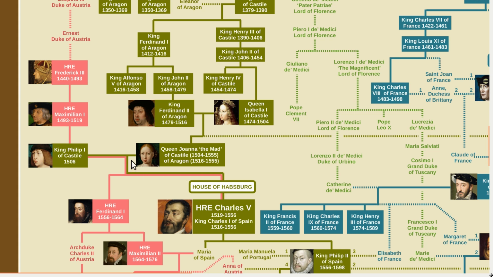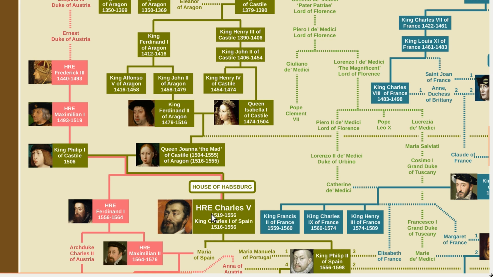He is the son of this individual here, of the Habsburg line. And so therefore the House of Habsburg is now controlling the Kingdom of Spain. And what happens then is when this individual's father, who was the Holy Roman Emperor, dies, Charles is the closest male heir, and so therefore he is also named the Holy Roman Emperor.